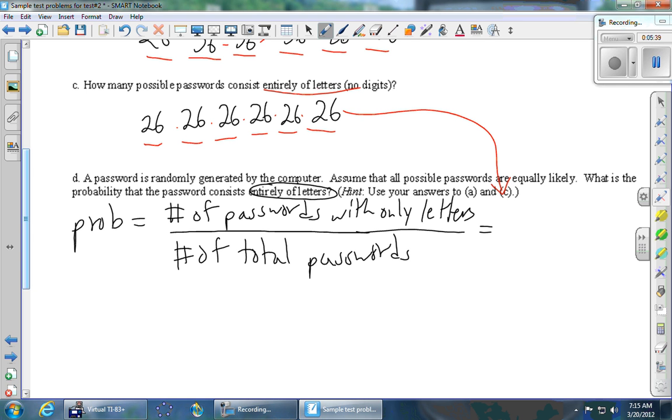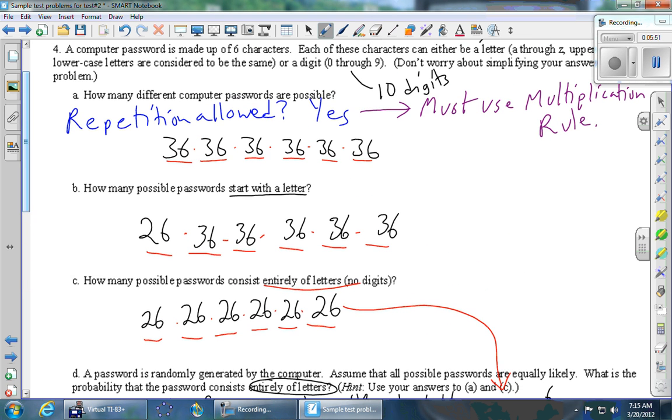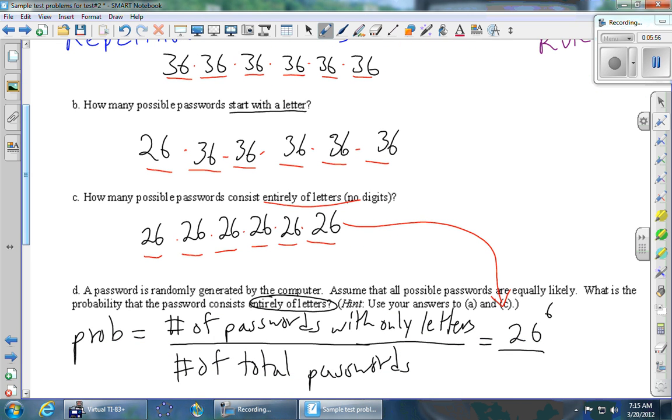So up here on the top, we have 26 times 26 all the way up, 26 to the 6th, divided by the total number of passwords. We found that in the first part. It was all these 36 multiplied together. So the denominator of this fraction is 36 to the 6th.